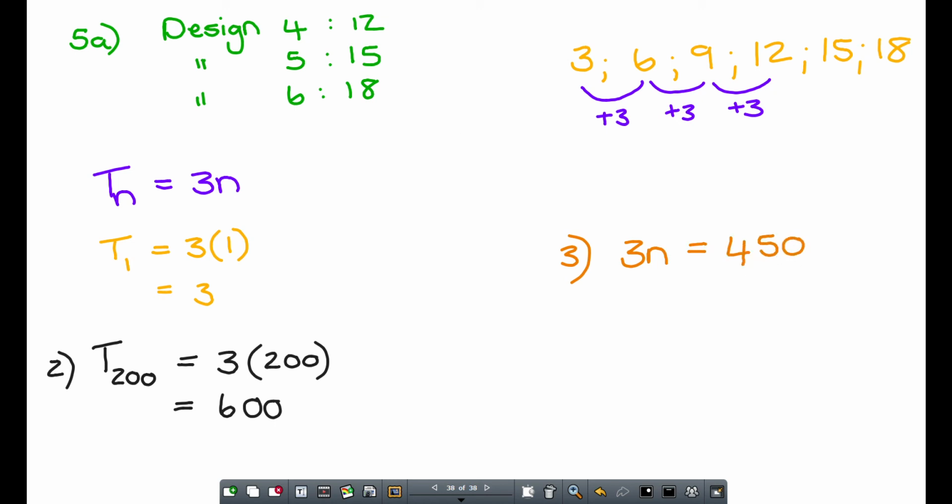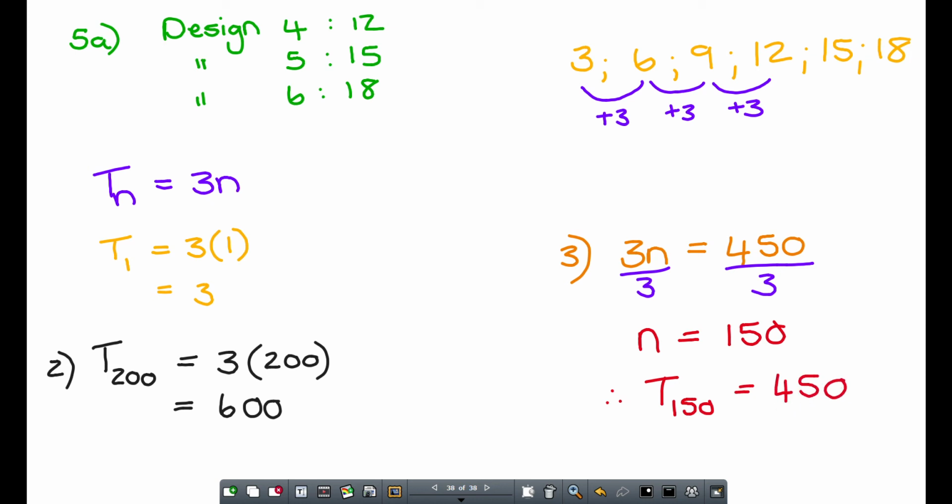Now, to get rid of that 3, the coefficient, I'm going to say divide by 3 on both sides, which means that n is going to be how much? 150. Okay, so then just as a conclusion, say term 150 will be equal to 450.